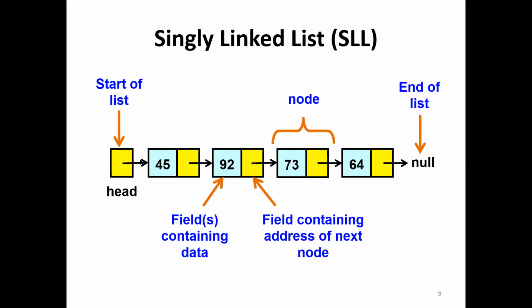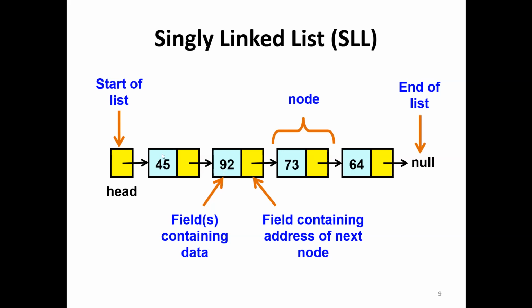The singly linked list has a part that is called the head, which is the starting point of the list. Then it has elements attached to them. So all the elements before the last element have a portion for the data and also a portion that refers to the next node.